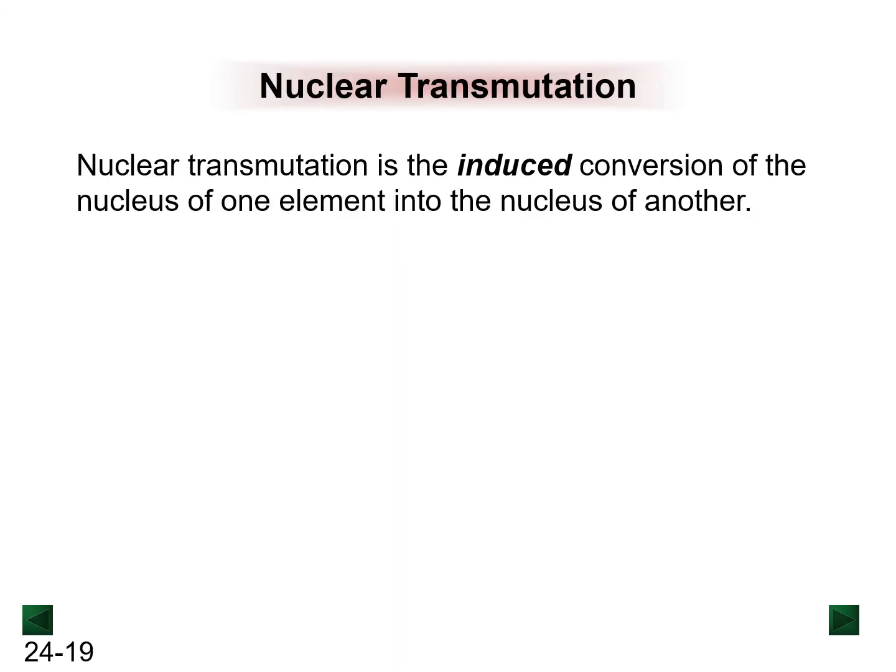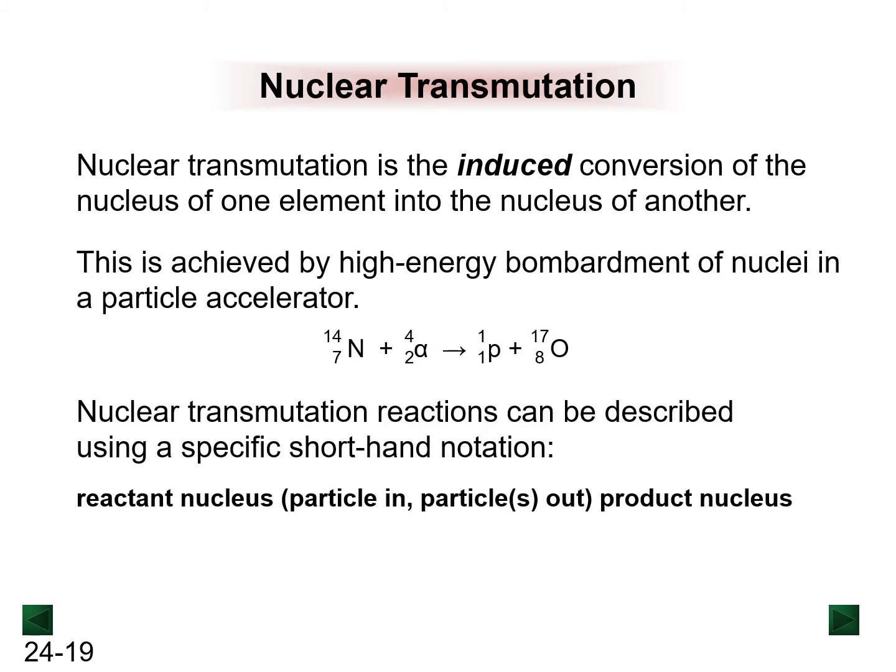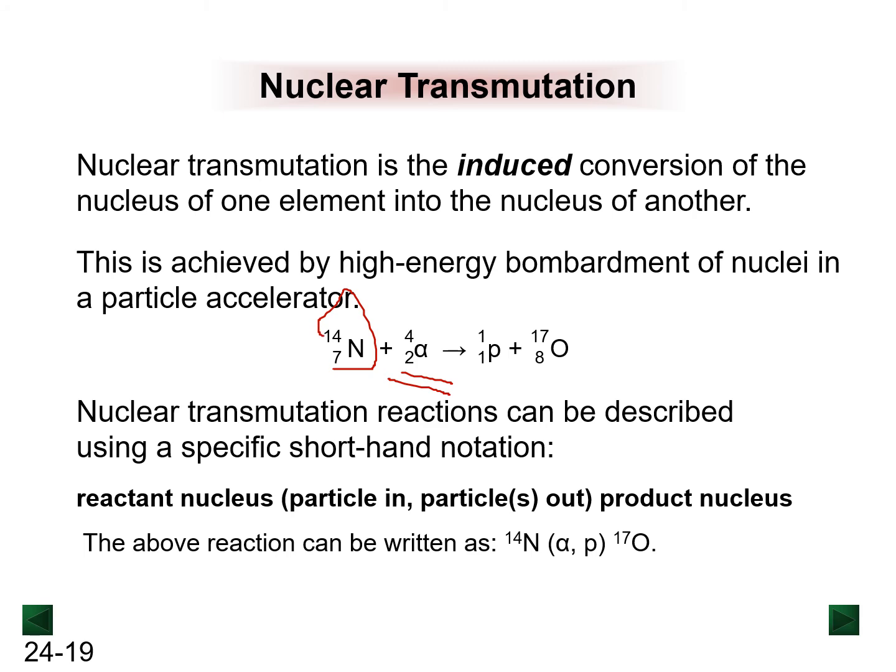Okay, transmutation is the conversion of one isotope into another, and it is caused by radioactive decay or by bombardment of nuclei with high-energy particles. For example, here, an alpha particle is emitted from radium and bombards atmospheric nitrogen and forms a proton and oxygen.